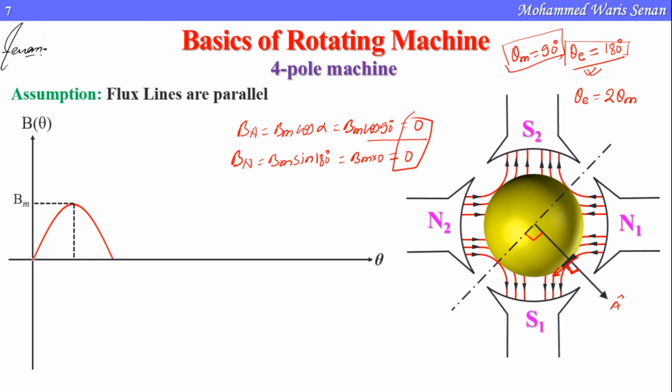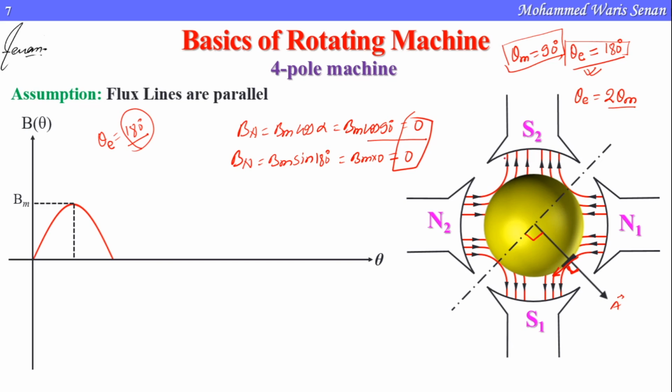For tracing a half cycle of sine, we need the angle to be 180 degrees. So this is theta electrical. But theta mechanical for tracing a half cycle is 90 degrees in this case. So we can say that theta electrical is twice theta mechanical in this case.